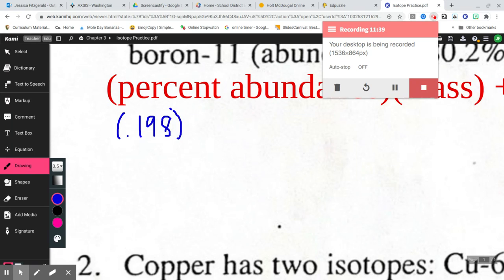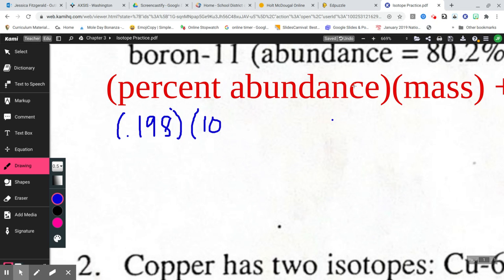That's your percent abundance times its mass. And its mass is 10.013.